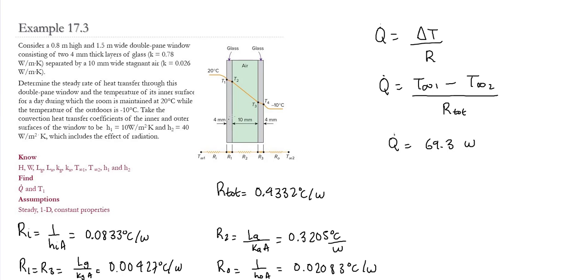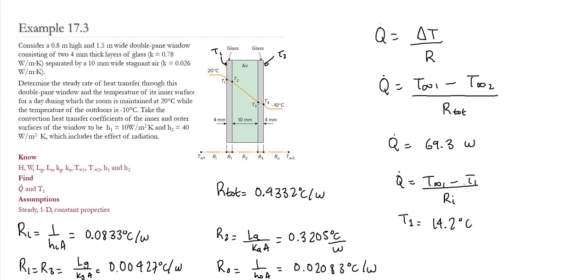Okay, so now let's move into finding the temperatures in the inside and the outside of the window. We're going to call this one T1, and we're going to call this one T2. Then to find T1, we're going to use the same relationship. We say Q dot is equal to T infinity 1 minus T1 divided by the resistance in between them, which is Ri, and this provides us with a temperature T1 of 14.2 Celsius.